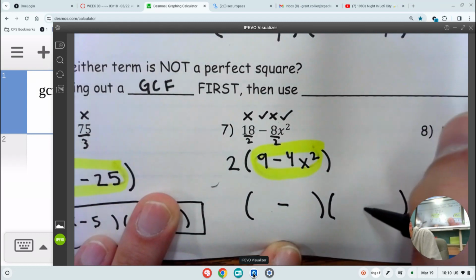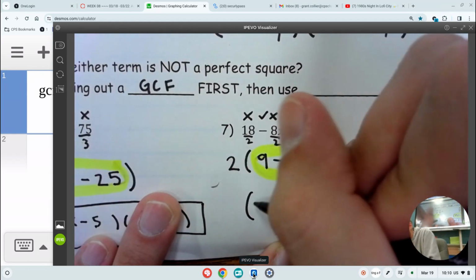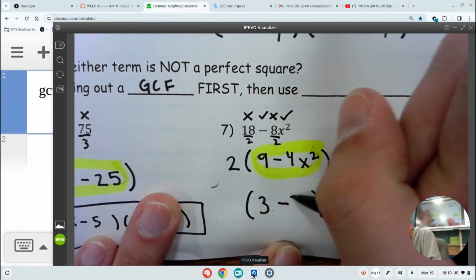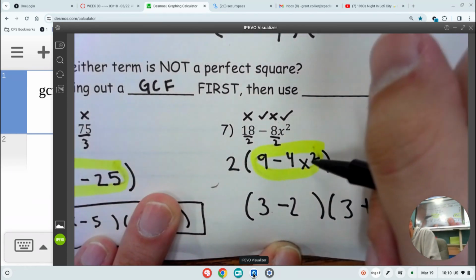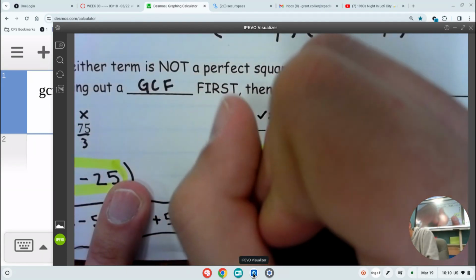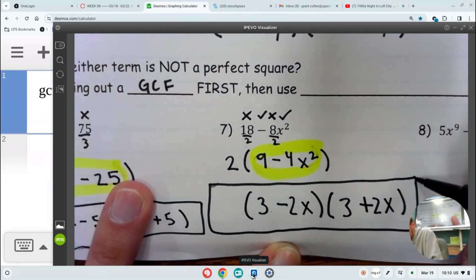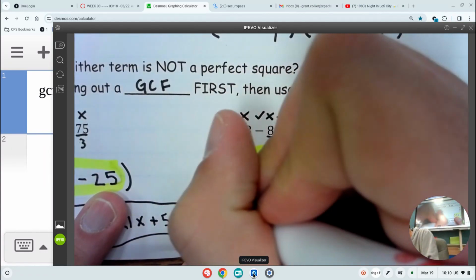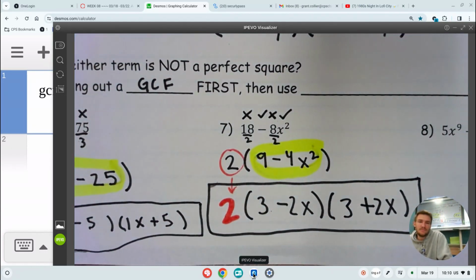One of them's a minus, one of them's a plus. The 9 is 3 times 3. The 4 is 2 times 2. The x squared is 1 and 1. And this answer is not quite correct. You have to bring down the 2 if you want it to be correct.